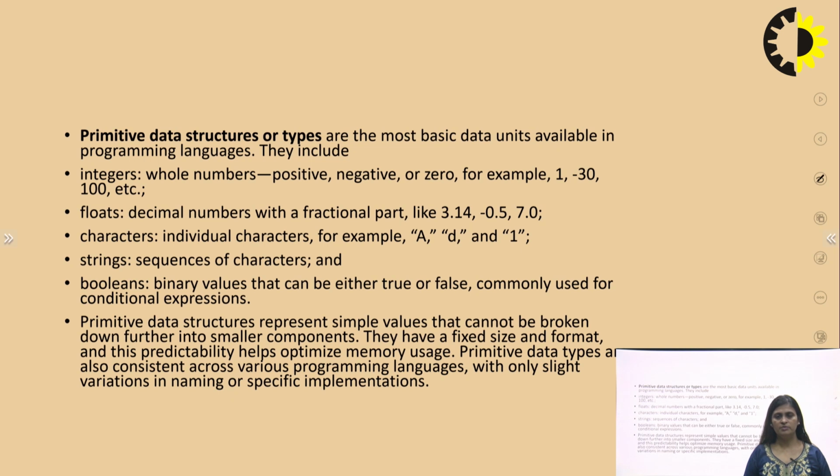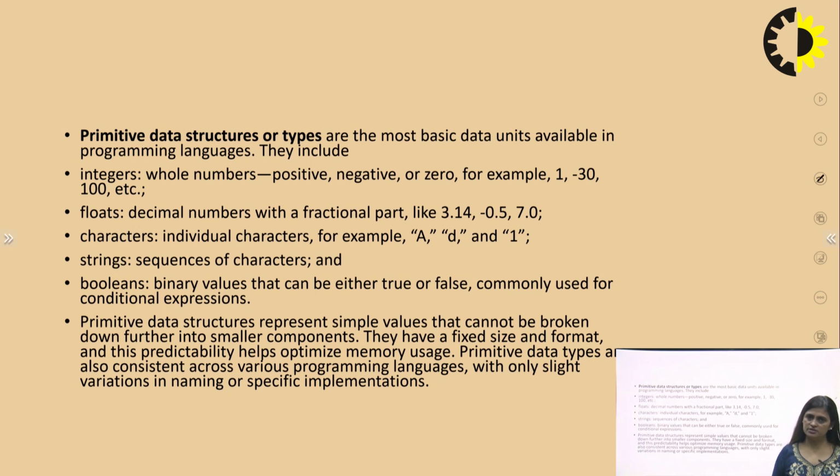Boolean value means here you are given some data, A, B, C, D, or a number, and there are various operations you will perform to accomplish the given task. Primitive data structures represent simple values that cannot be broken down further into smaller components.